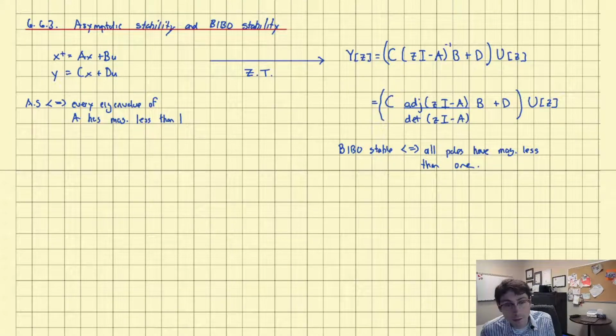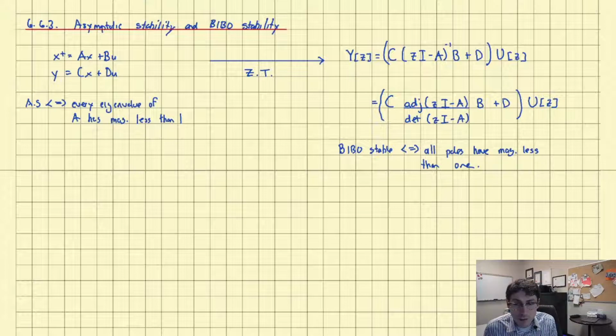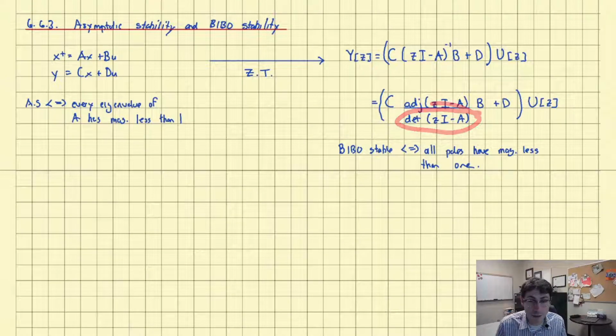Okay, but now look at the poles of this transfer function. They are coming from this determinant, right? The roots of that polynomial in that determinant, the poles are going to be from there. But those are exactly the eigenvalues of A. The eigenvalues of A are the values of z that make this determinant vanish.